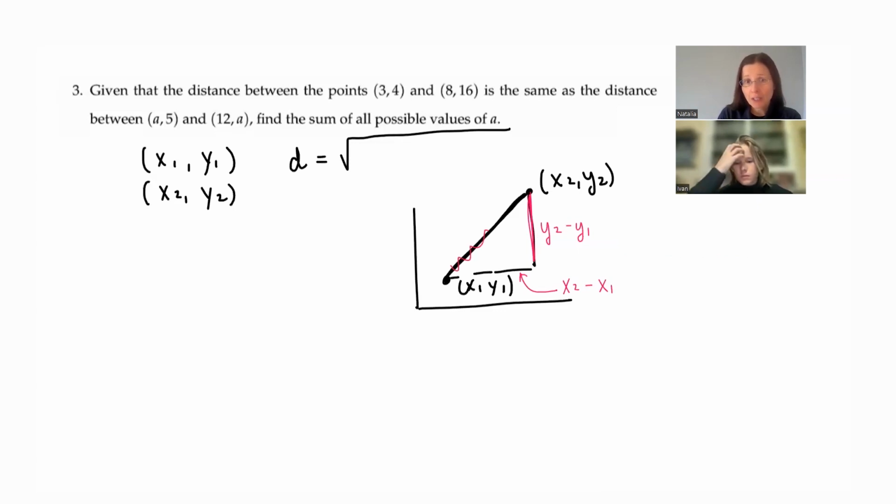Okay, so to find the distance, we will do the Pythagorean theorem, and let's write the formula. We can start with the x's: (x2 minus x1) squared plus (y2 minus y1) squared.